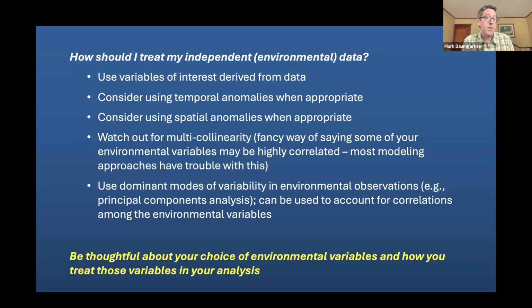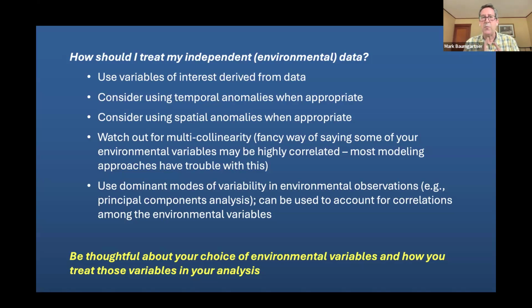Cold-blooded species like fish are much more temperature constrained, and so this idea of using temperature sometimes crosses over from fish to mammals in a bizarre way. But it may be that temperature does influence, in a way that I'll describe in a second that's quite different than what you would expect, in which case a temporal or spatial anomaly might be appropriate.